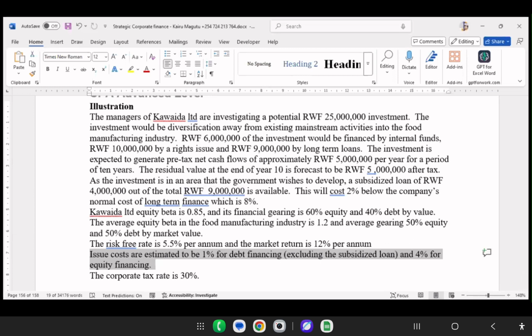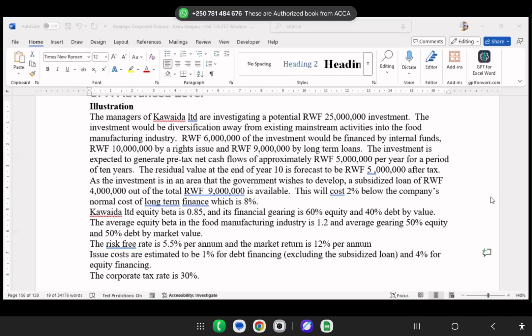Considering that statement and the question up there, just look at the question and give me the flotation cost. What is the flotation cost?